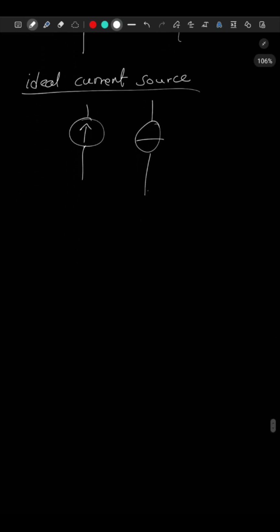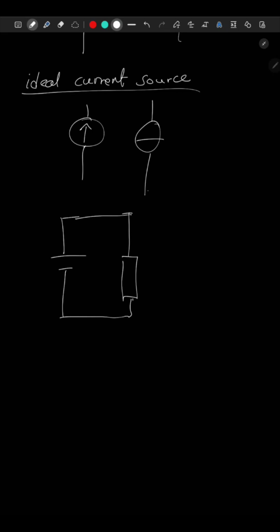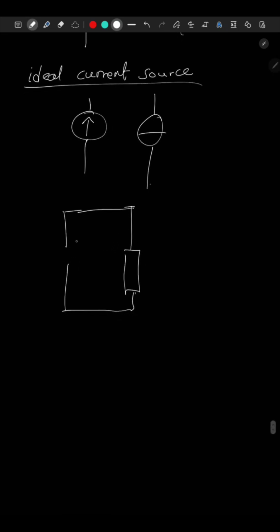So for example, if I put a load across an ideal voltage source, let's suppose this is a 10 volt ideal source.